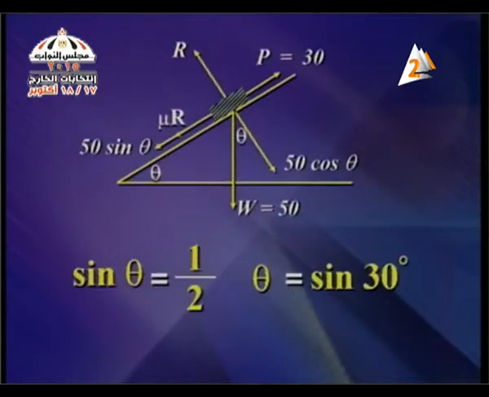Therefore, sine theta equals half, and this means theta equals 30 degrees. Sine theta equals half means theta equals 30 degrees.